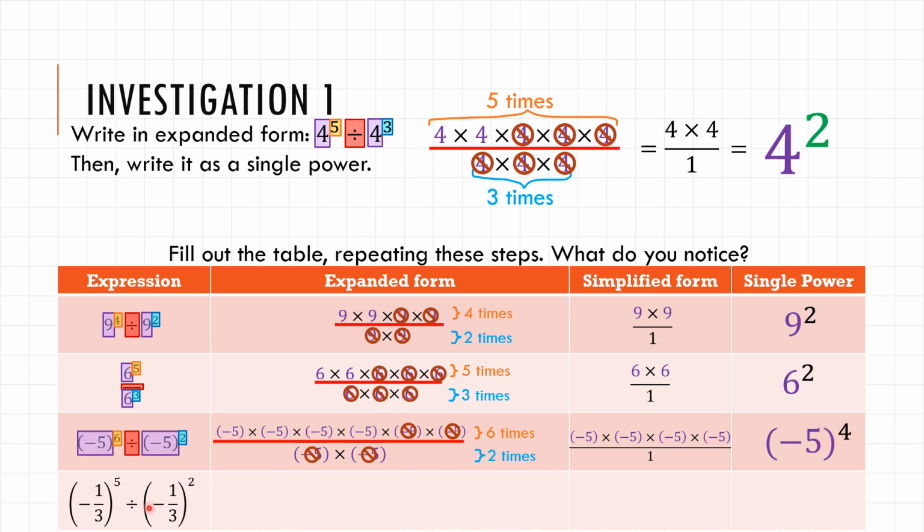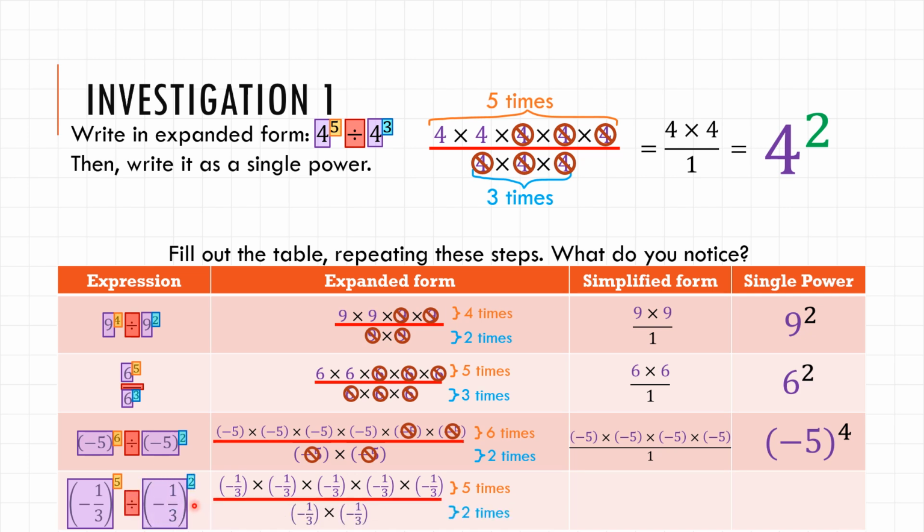And finally, over here at the bottom, this last row, a negative fraction is our base. Does that change things? Does that make things different for us? No. This still says take this base and multiply it by itself 5 times. And divide that by that same base multiplied by itself 2 times. And again, we do our cancellations. Now, only 2 of them will cancel out.